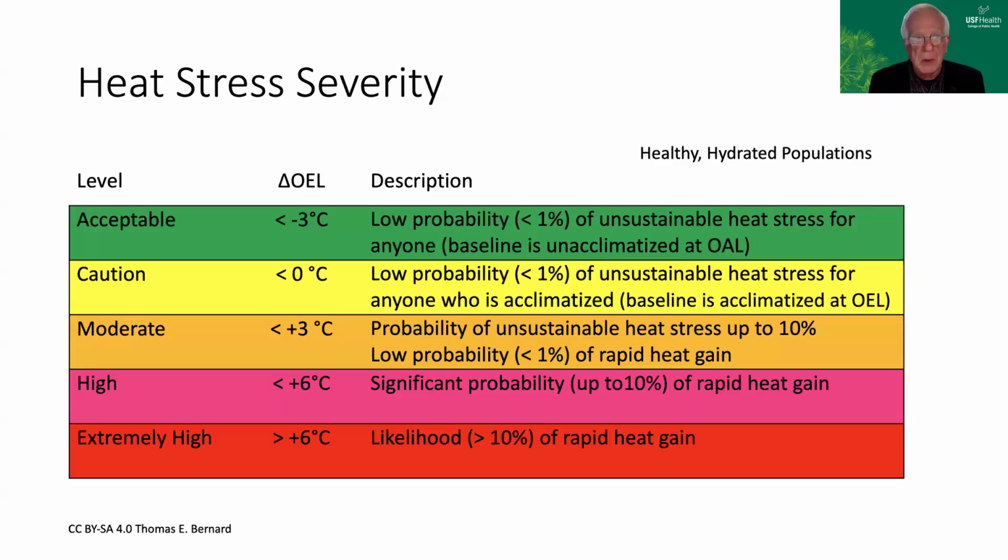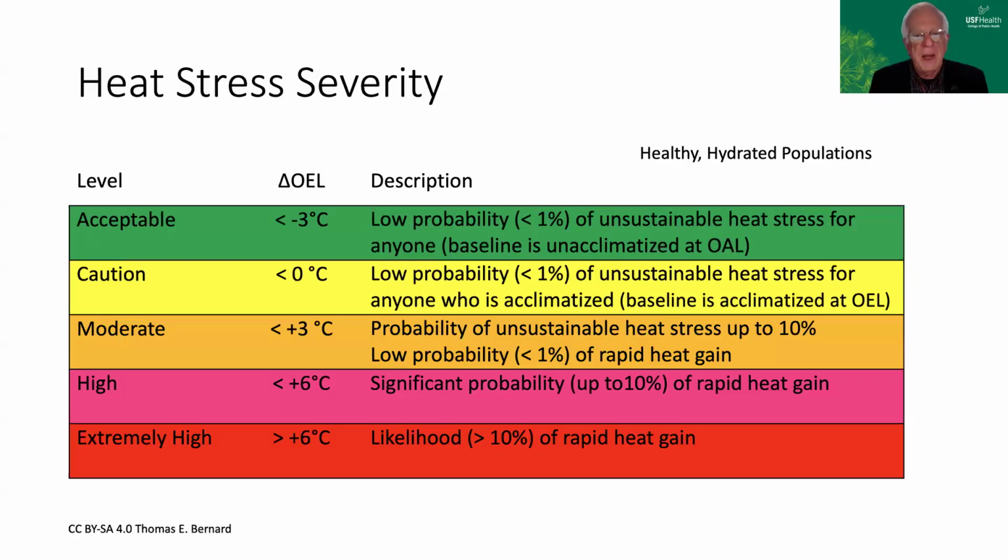So that's acceptable. And then caution is that territory between the unacclimatized and the acclimatized line. And at the acclimatized line, again, it's a low probability of an unsustainable heat stress exposure for anyone who is acclimatized.